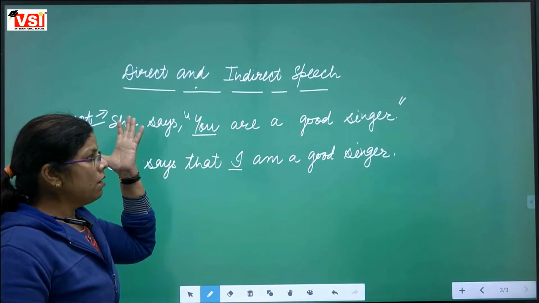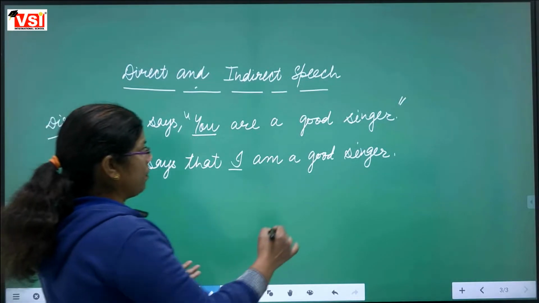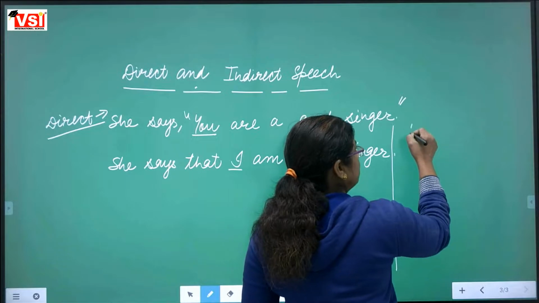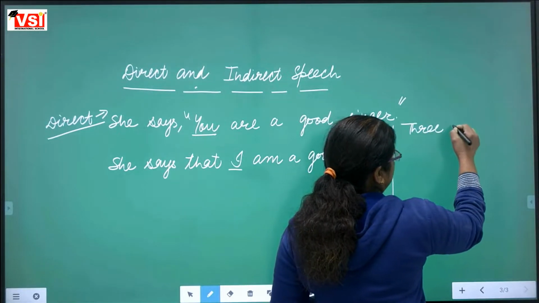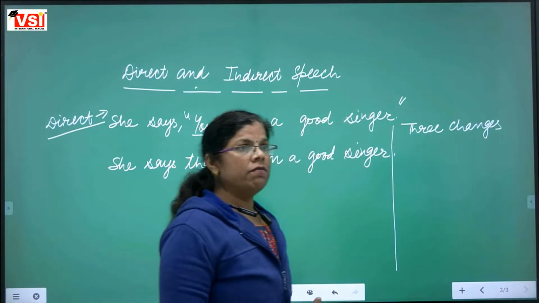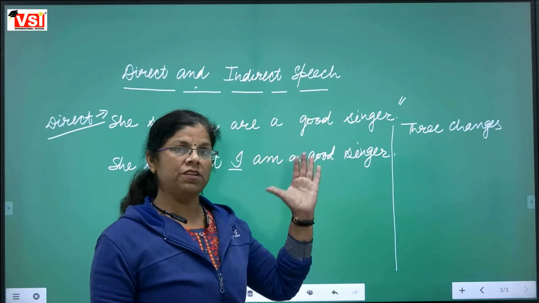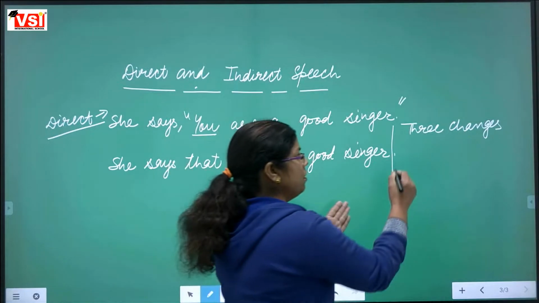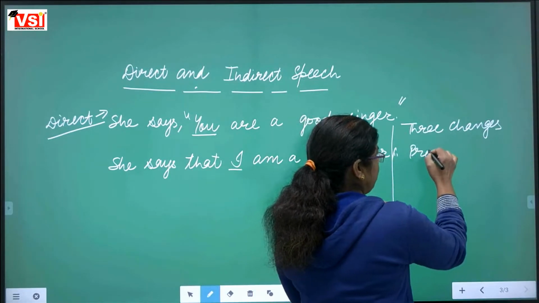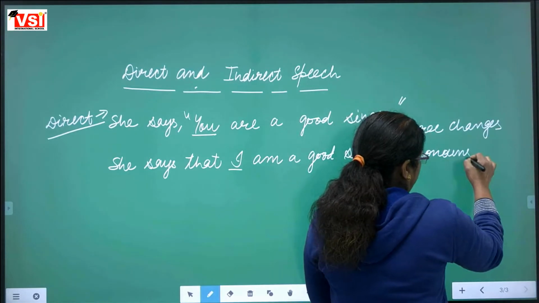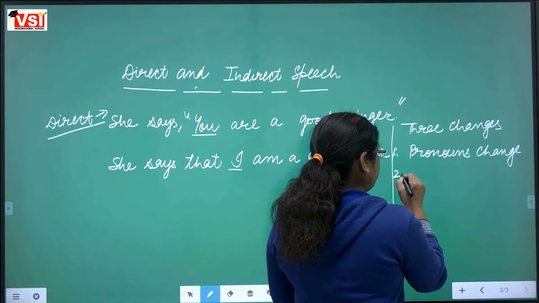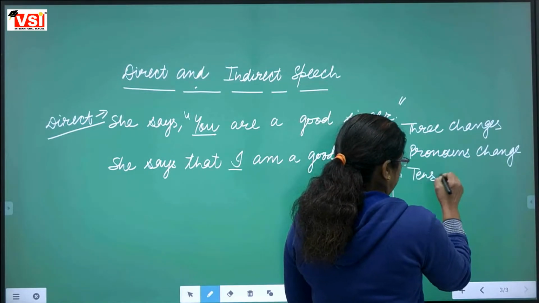So I told you that day also that three changes are done while changing a direct speech sentence into indirect speech. First kind of change is pronouns change. Second kind of change is tenses change.